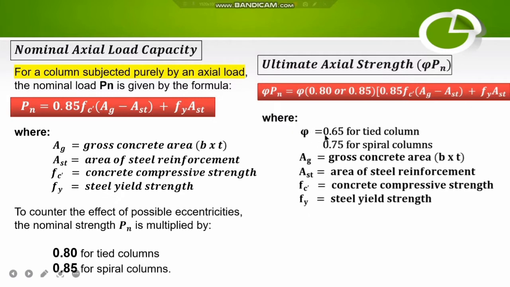Take note that phi is equal to 0.65 for tied columns and 0.75 for spiral columns. So just substitute this phi value in the general formula. Ag is also the gross concrete area, B times T. Ast is equal to the area of the steel reinforcement. Fc prime is the concrete compressive strength. Fy is equal to the steel yield strength.